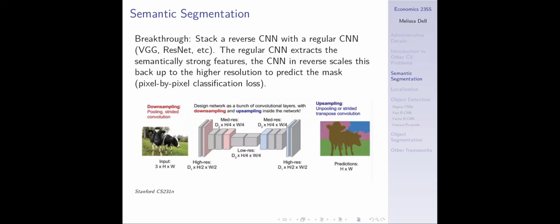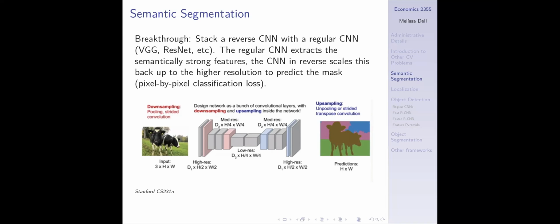Okay, so what do people do in practice today? The breakthrough was this idea that if you take the full image, you can pass it through a CNN, like ResNet or VGG. And remember that what that does is you start out with this image of a given resolution, and as you go through the network, you're downsampling that, and you're also getting more feature maps, so they have greater depth.